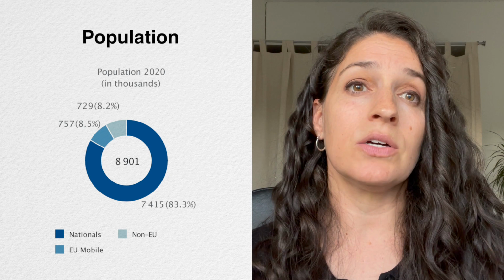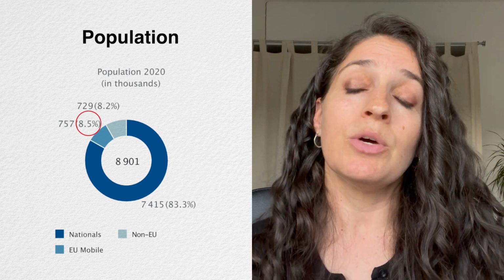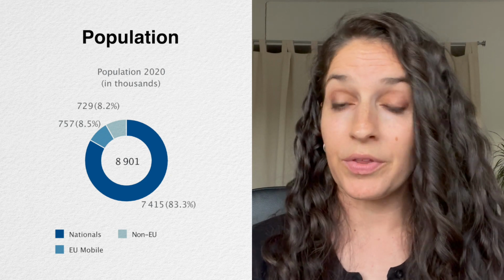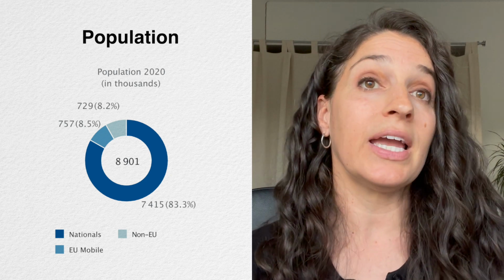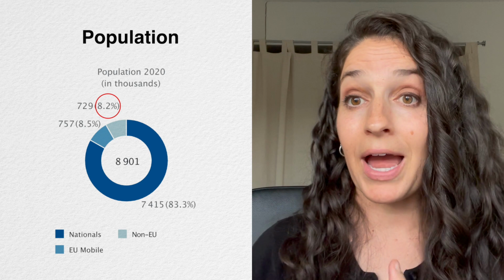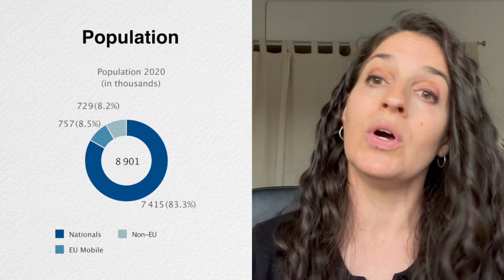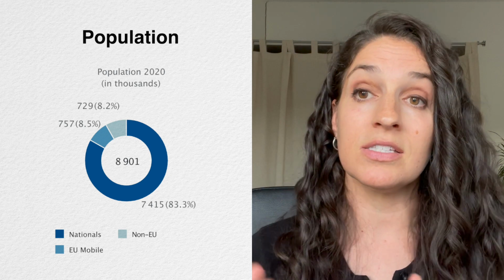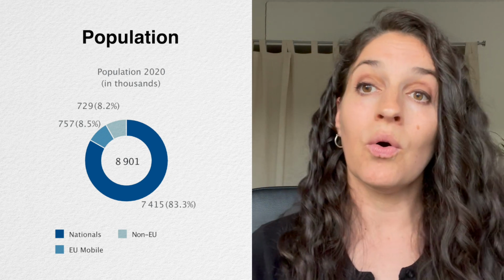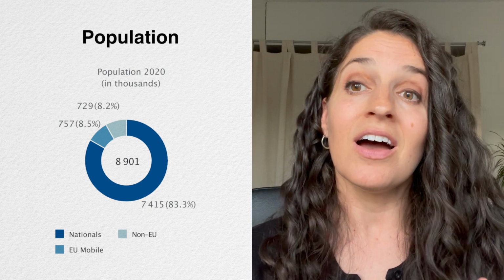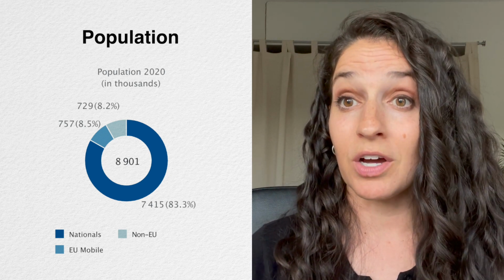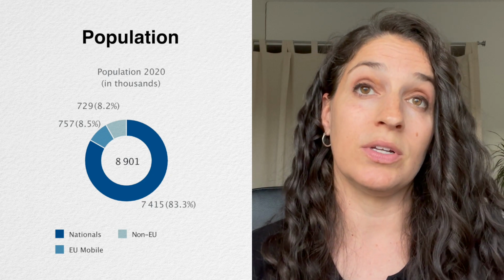So we have around 8.5% of the population who were migrants from within the EU, and around 8% were migrants from outside of the EU, or people that do not hold citizenship. So here we're talking about non-citizens either from outside of the EU or within the EU. So again, about 16 to 17% of the Austrian population were non-citizens in 2020.